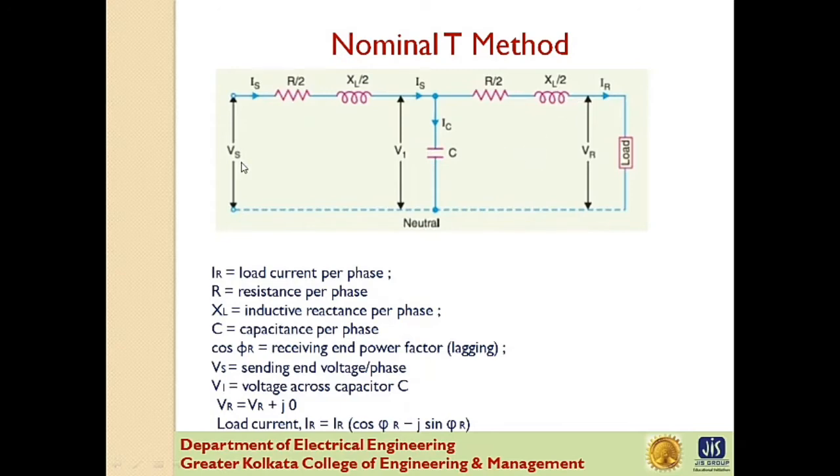Now in this case also we are taking VR as our reference axis, so VR is equal to VR plus J0, and the power factor is lagging, so load current IR equals IR into cos phi R minus J sin phi R.